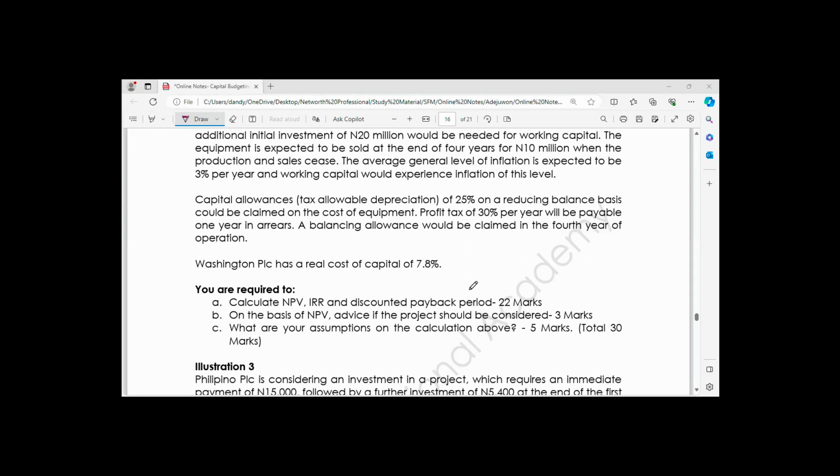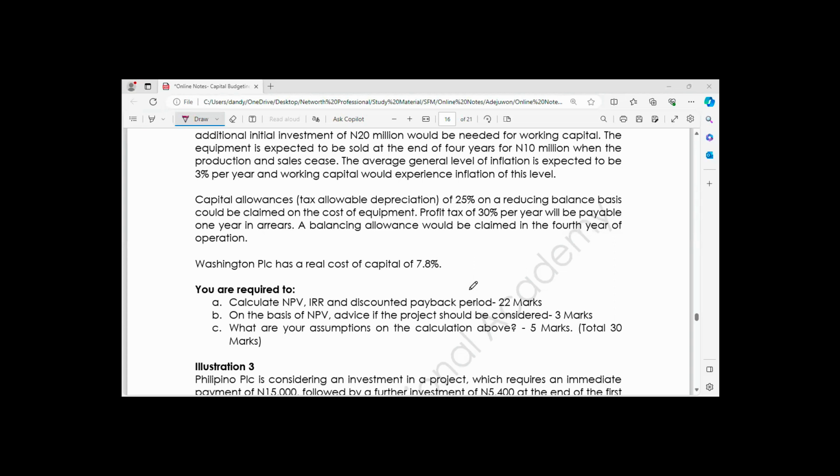On the day of your exam, there's no need for you to be wasting time. You know that you want to calculate NPV. I explained to you previously that when you want to calculate NPV, there are basically 3 variables that must be present. There are 3 criteria you must look out for in the question. One is relevant cash flow, which is what we discussed last time. 2 is appropriate cost of capital.